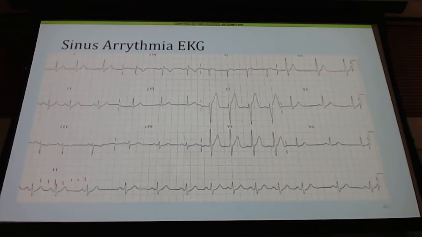And then I've got 300, 150, 100, 75, 60. And then it starts to speed back up again over here. So you can just see that pattern of it slows down and then it speeds up, and then it slows down and then it speeds up. So, a normal benign condition that's caused by breathing.